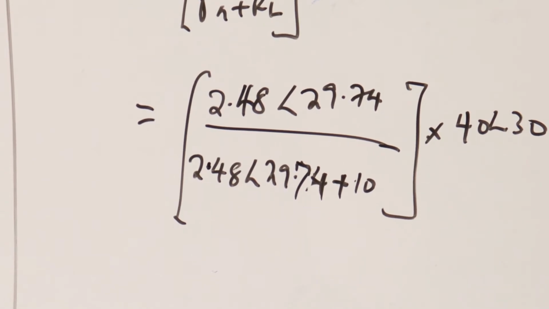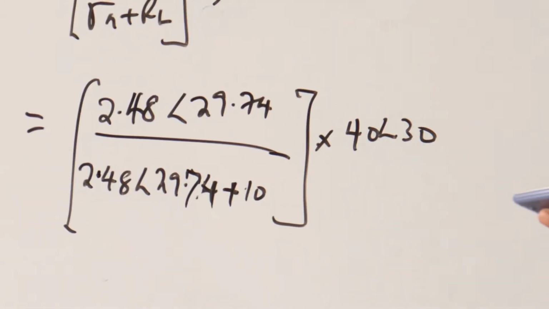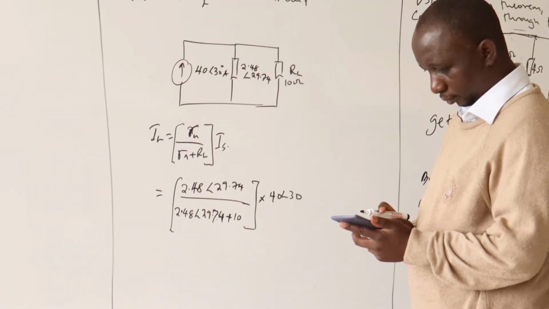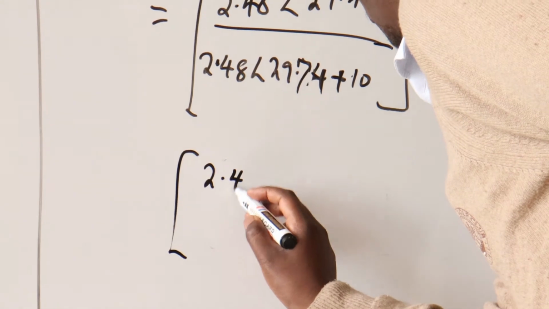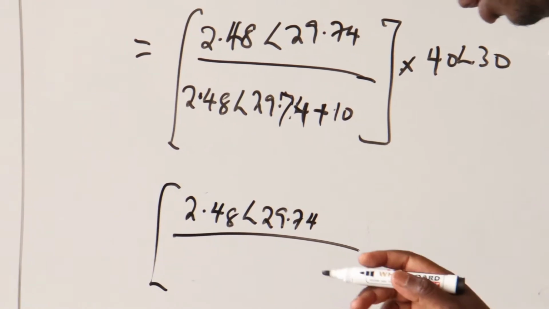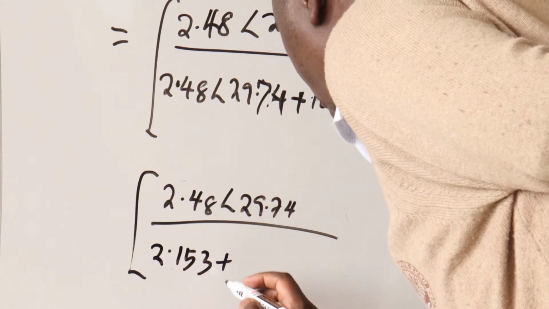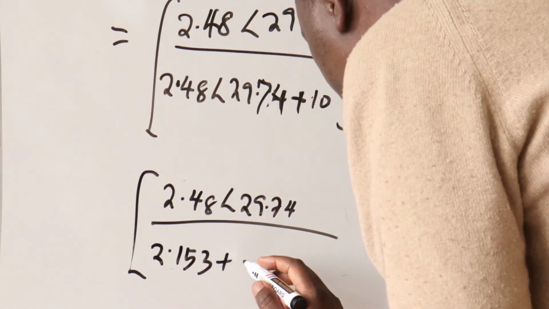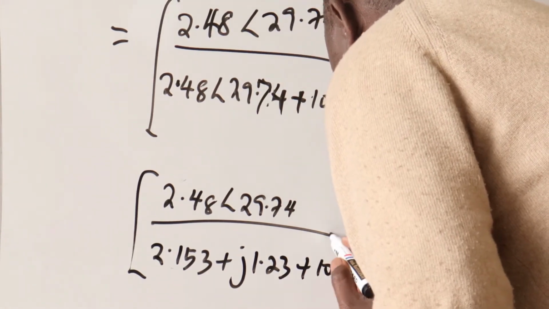So we go into rectangular form. 2.48 angle 29.74 can be written as 2.153 plus J1.23, plus 10.